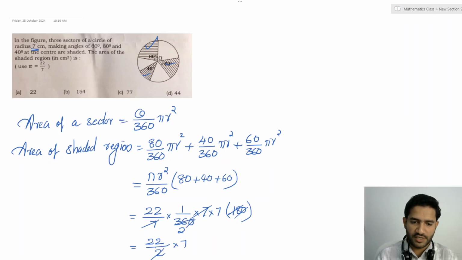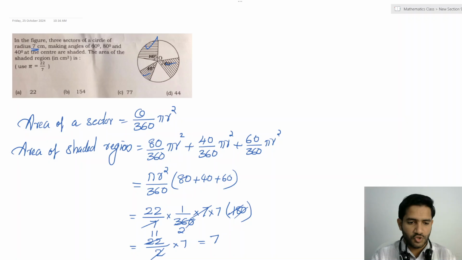Again we can divide 22 by 2 and we get 11. So 7 into 11, that is 77.